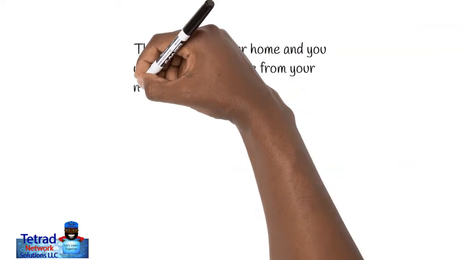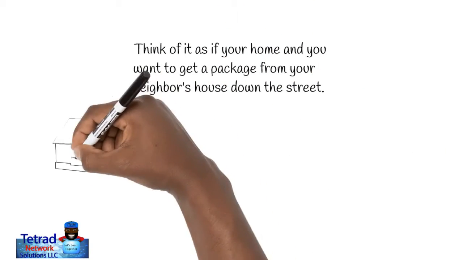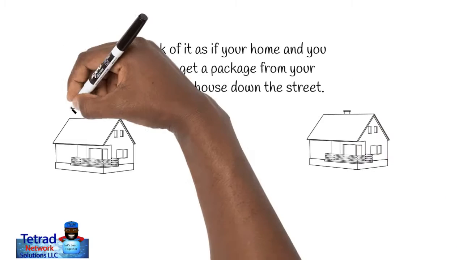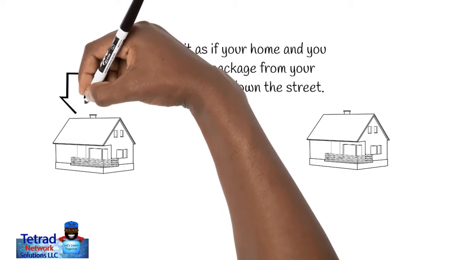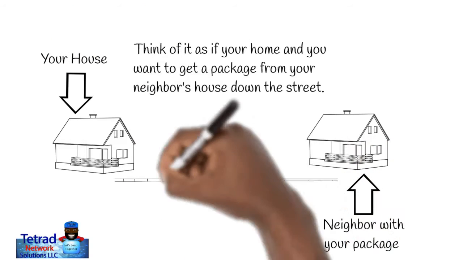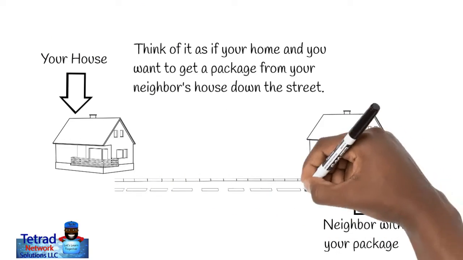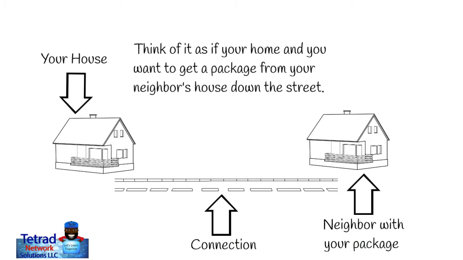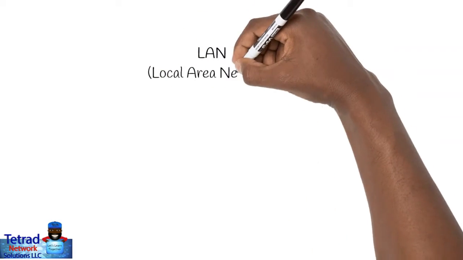Think of it as if you're home and you want to pick up a package from your neighbor down the street. The package delivery person delivered it to the wrong house, so we're going to use this scenario. You want to travel down the road to get your package from your neighbor. The roadway is your connection between your house and your neighbor's house, and both of your houses are considered to be computers, right?